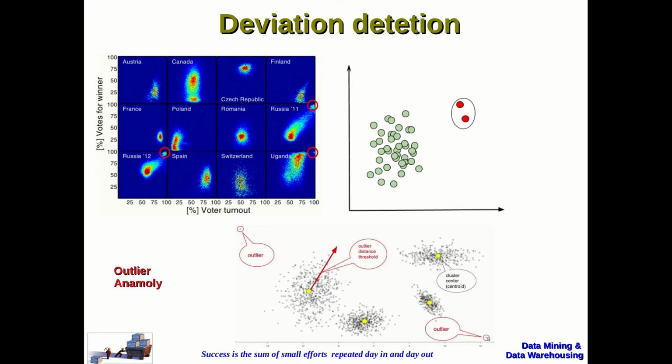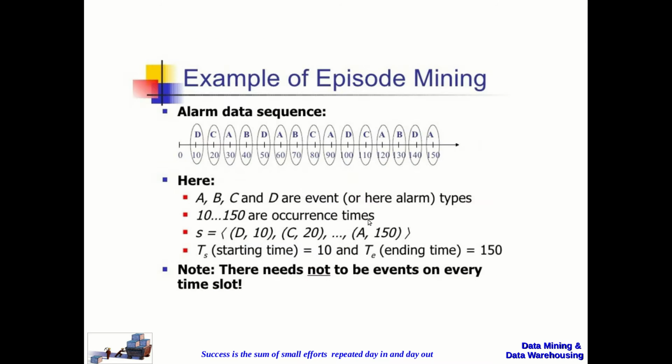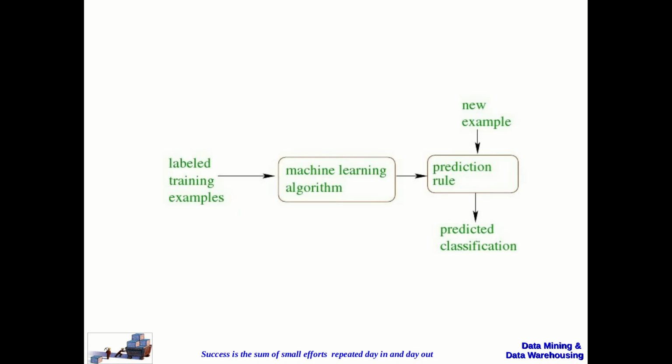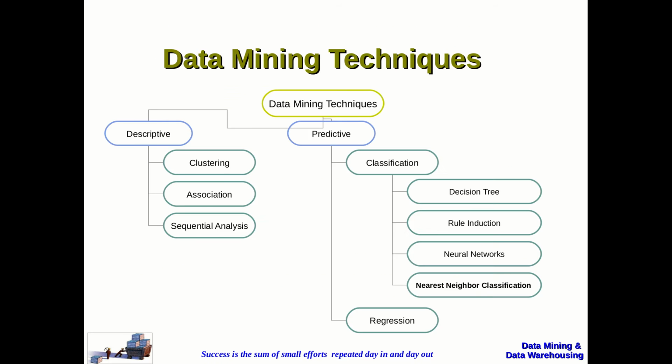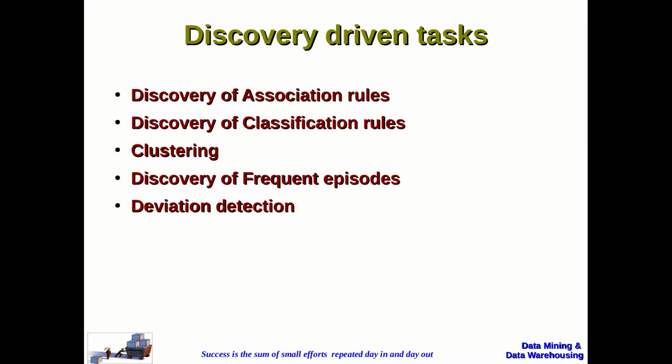All these things can be applied by the deviation detection technique. So this is another technique that is used by data mining applications. So in general, the data mining techniques coming under the discovery driven model can be association rule analysis, classification rules, clustering or frequent episodes, and deviation detection.